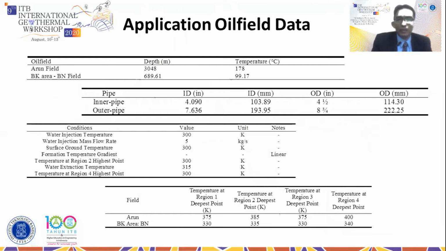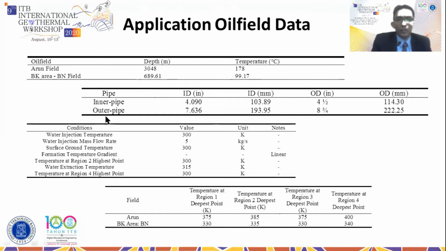So these are the data we apply to other locations. The locations that we use are the Arun field and the BK area, or BN field. The depth is about 3,000 meter and about 700 meter, with the temperature at the bottom being 178 for the Arun field and the BK area about 99.17.